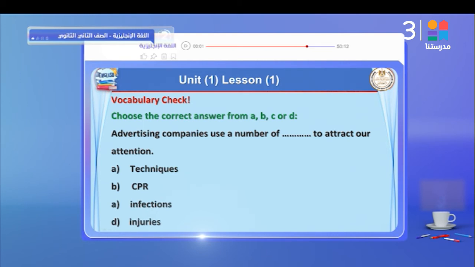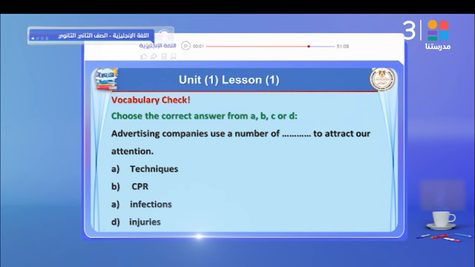Okay? So the first one is advertising companies use a number of space to attract our attention. Advertising companies use a number of what? Techniques, CPR, infections, injuries. What do you think is the correct word here? Advertising companies, what do we mean by advertising companies?